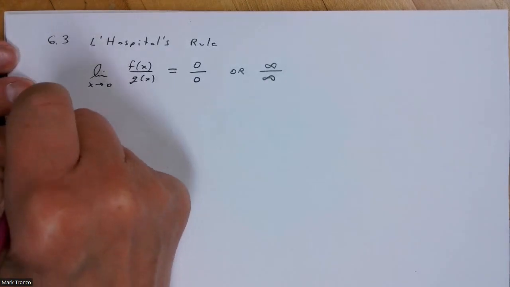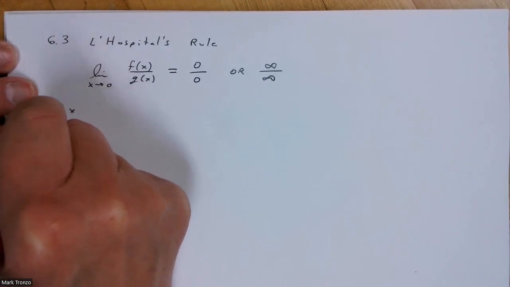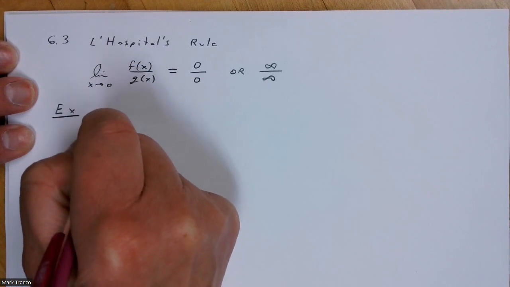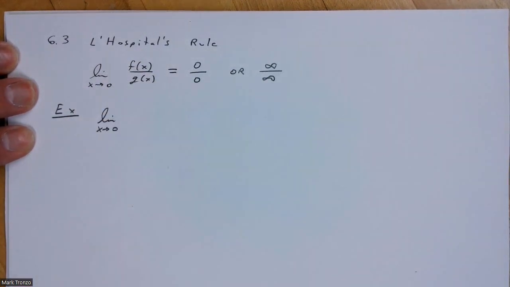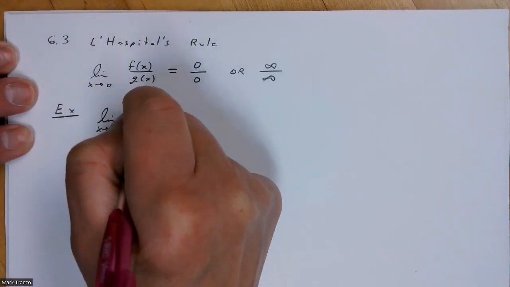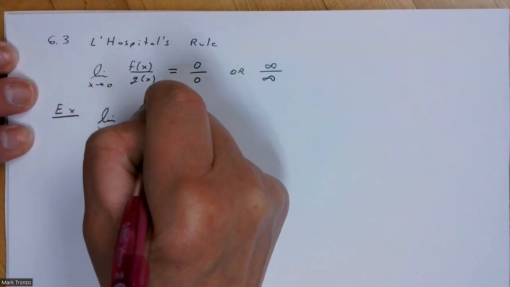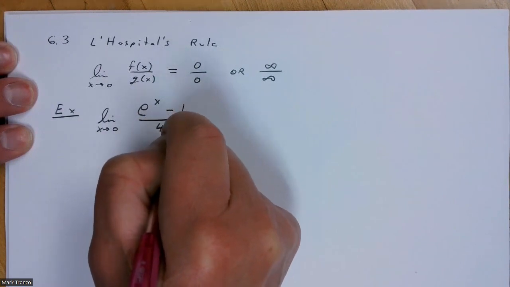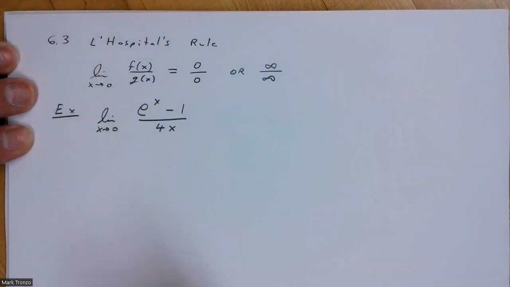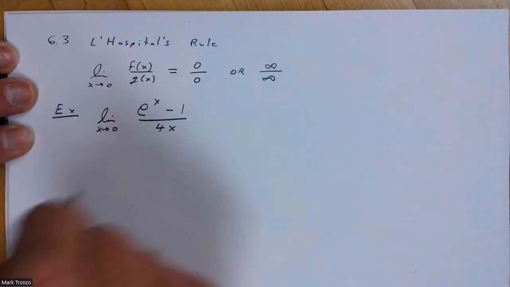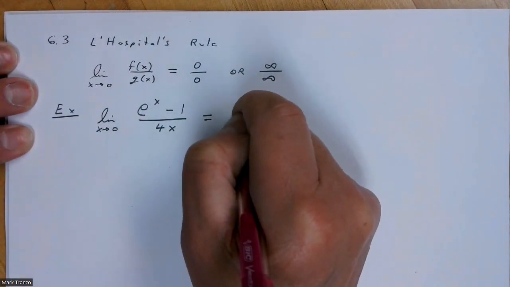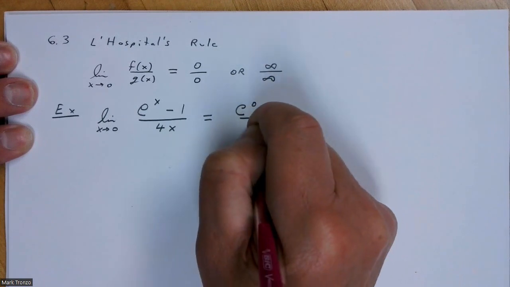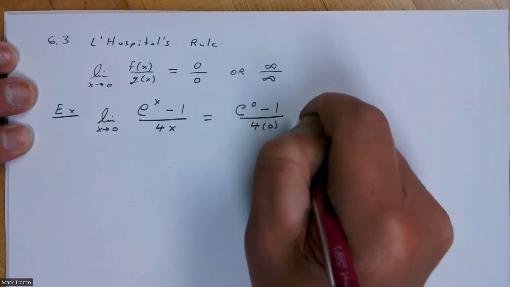And so, for example, if you want to find the limit as x approaches 0 of e to the x minus 1 divided by 4x, this is going to give you e to the 0 minus 1 over 0.